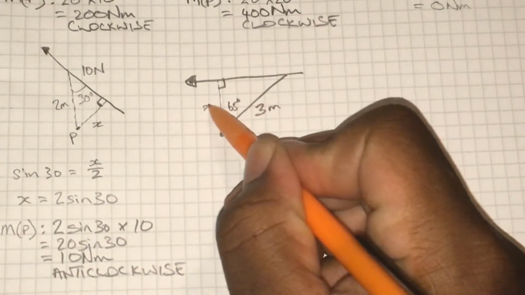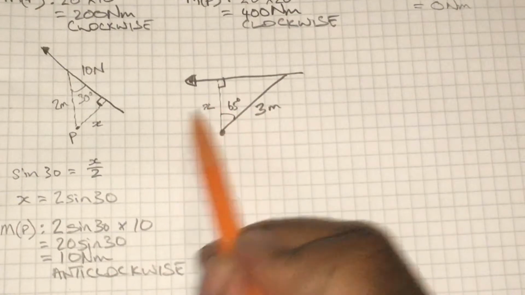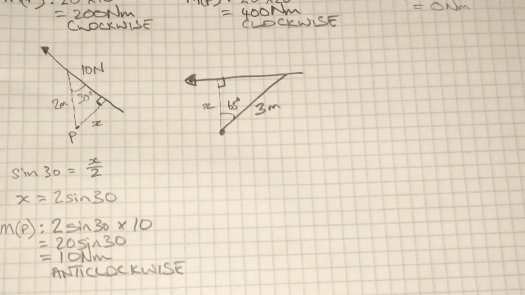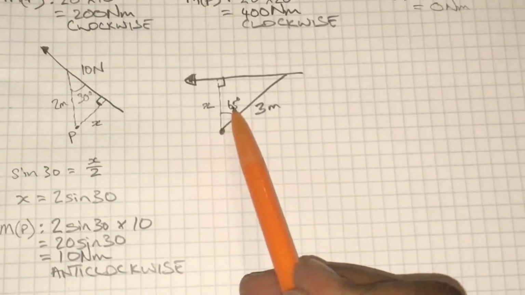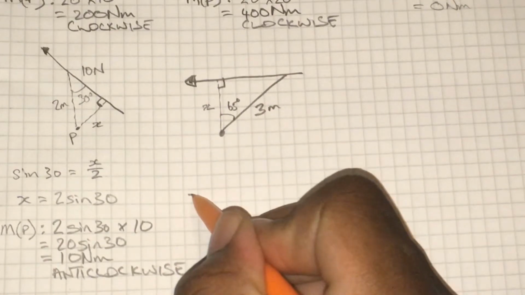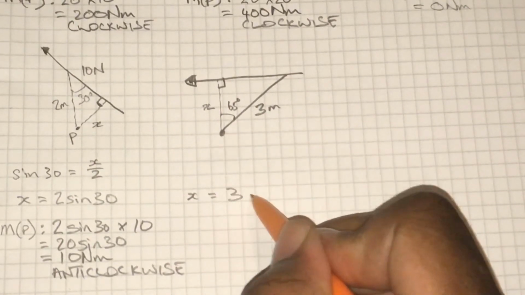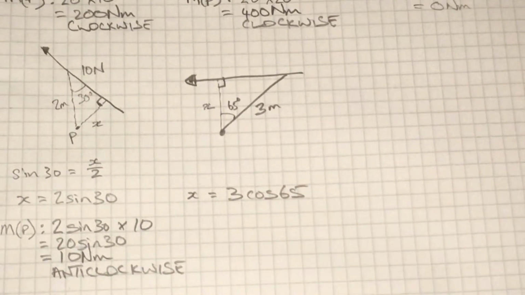Okay, so how do we find this perpendicular distance x? Well, there is a general result for the perpendicular distance in this case, and it will be the hypotenuse, the trig ratio, and then the angle size. So in this case, 3 cosine 65 will give me that perpendicular distance.